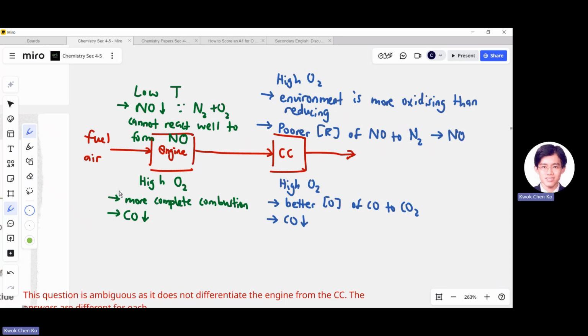And therefore, you will tend to have more NO remaining. I'm not sure how your exam question this year is going to be, whether it's going to be this specific, but at least try to understand that there's a difference between the engine conditions and the catalytic converter conditions.